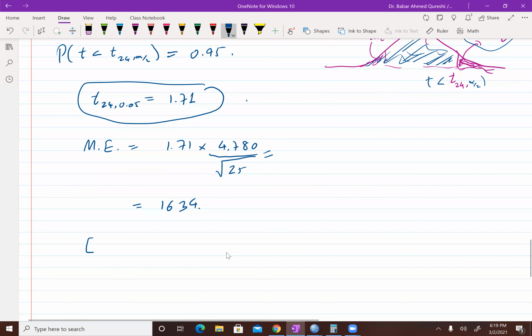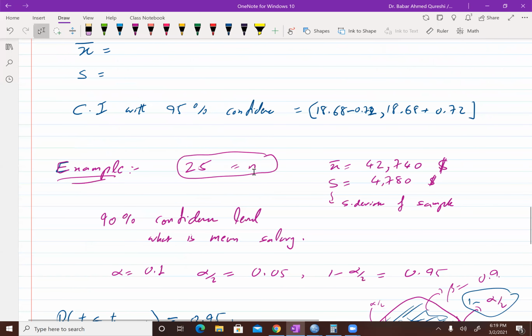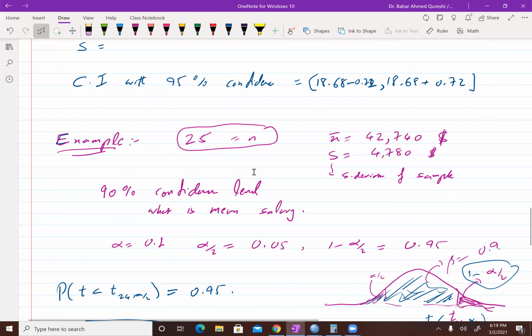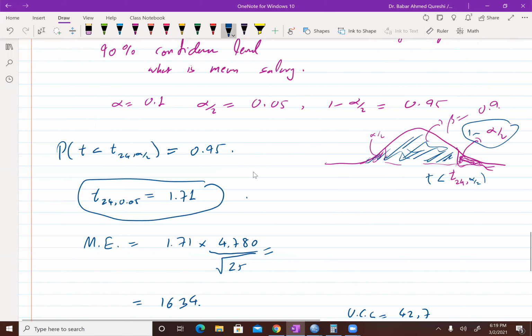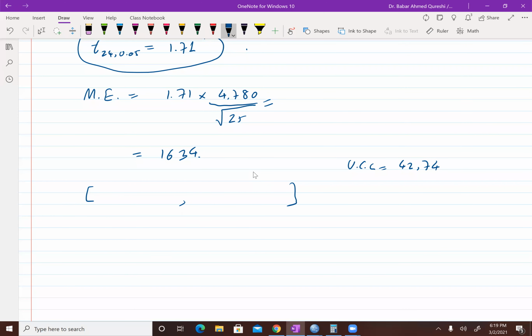And the interval then just becomes the mean, which is 42740, plus 1634. And the lower confidence limit is 42740 minus 1634.